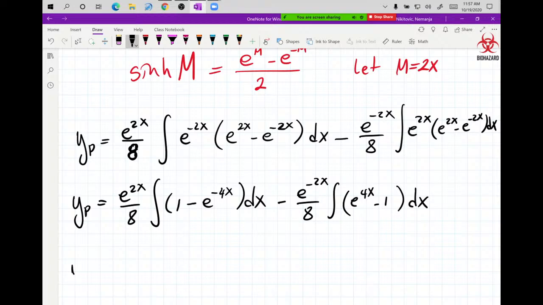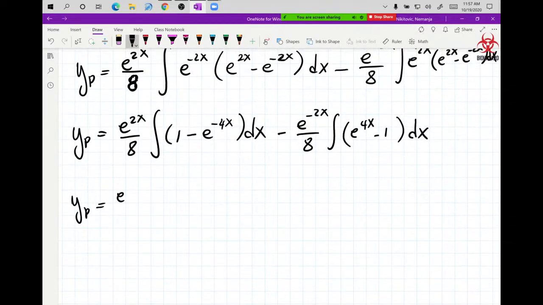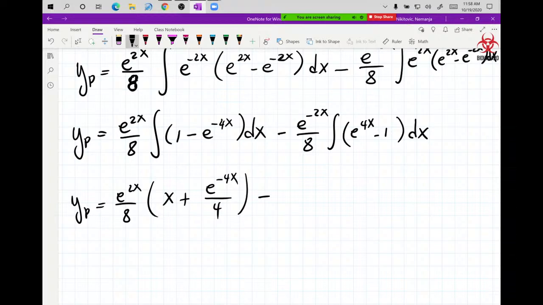So we can just integrate this real quick and get x. And then this would give us the denominator of 4, but also a minus, so plus e to the minus 4x over 4. Yep. And then minus over here e to the negative 2x over 8.